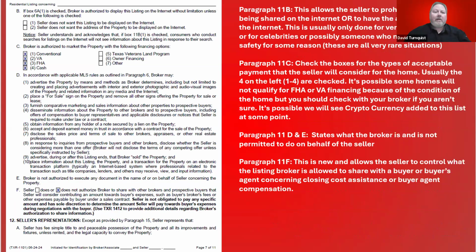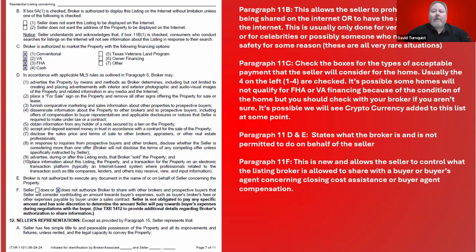Paragraph 11B. Again, if the seller doesn't want you to put the listing on the internet, or they don't want pictures on the internet or their address, those are all options. And again, like I mentioned to you before, it could be because they're a celebrity, or it could be some safety reason. Maybe somebody has a stalker and they don't want the photos of their house on there.